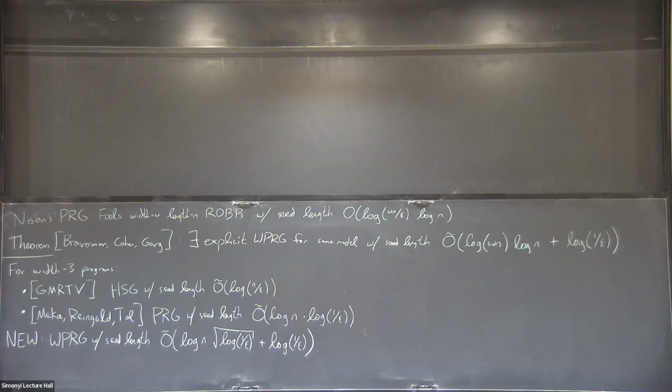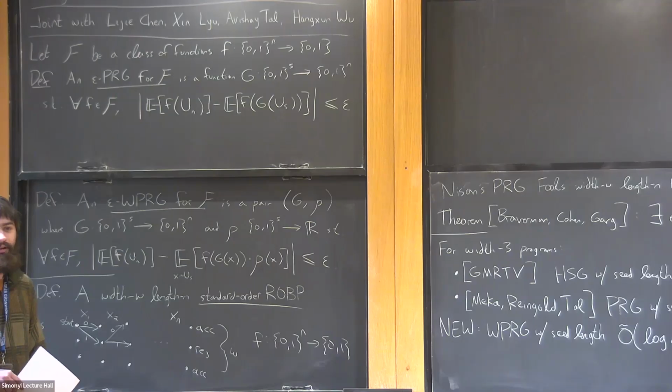Can you say something about the final probabilities of getting the 3 ending vertices? How bad can they be, or can they be any 3 numbers almost? They can be pretty severe. You can think, for example, a width 3 program could compute a read once CNF. This read once CNF could be doing something like the tribes function.